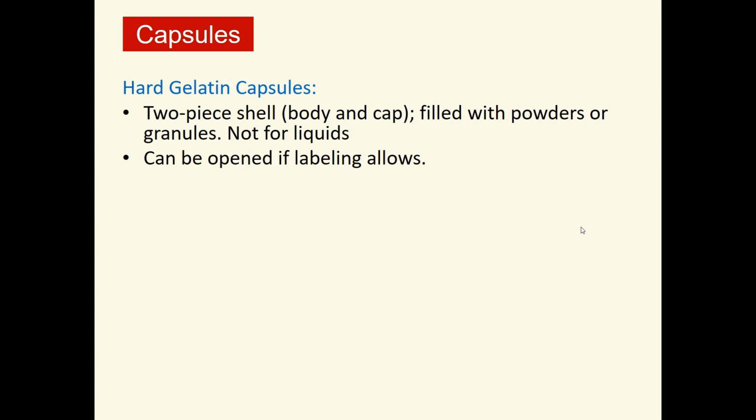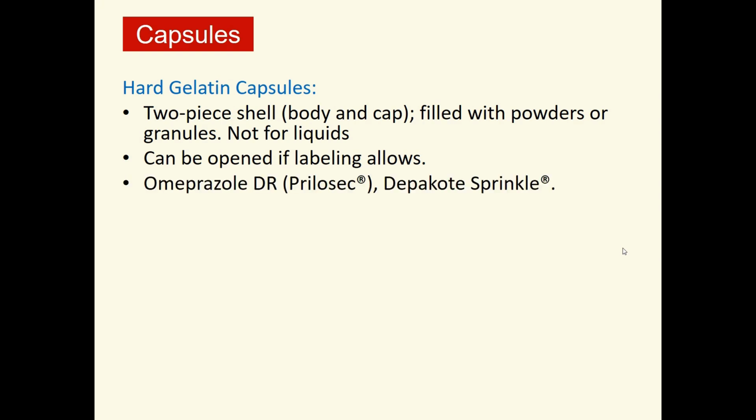Hard gelatin capsules can be opened if labeling allows and also sprinkled on food, depending on the specific drug formulation. Here, omeprazole DR, Prilosec, and Depakote Sprinkle can be sprinkled on food.